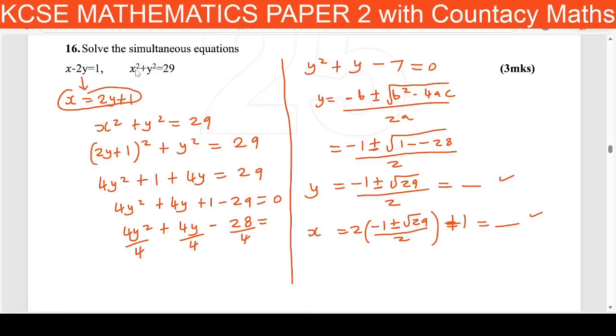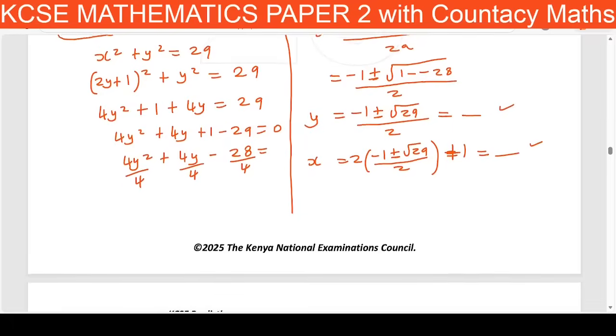For this case, we let the value of x be the subject of the formula, and then from there we substitute it right here such that we have 2y plus 1 squared, and then from there we are able to form a quadratic equation. And then after forming the quadratic equation, what we now get is to find the value of one unknown, which is y, and then from there we can always get the value of the other using one equation. And that is how you're really supposed to go about that.